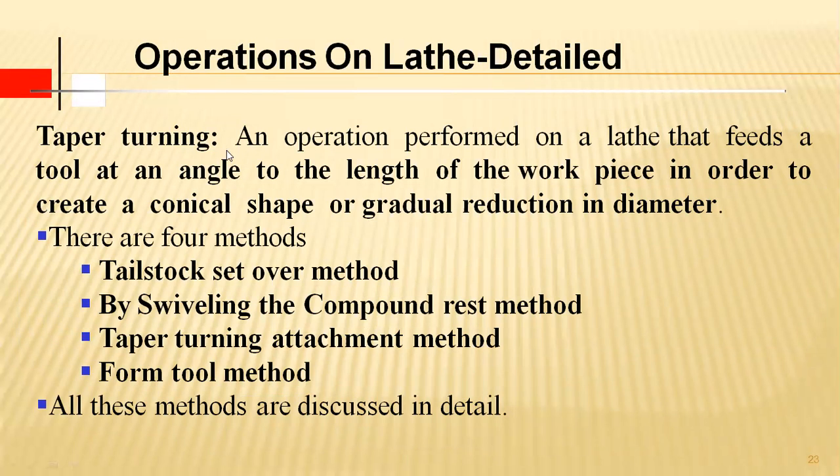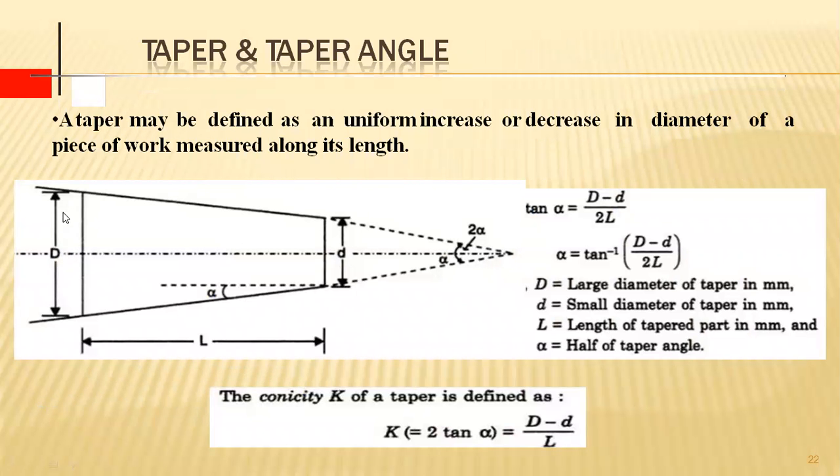Coming to taper turning, it's an operation done on the lathe machine by altering the feed rates of the tool at different angles over a particular length of the workpiece in order to get a conical shape, gradually decreasing in diameter, as we have discussed in the diagram.